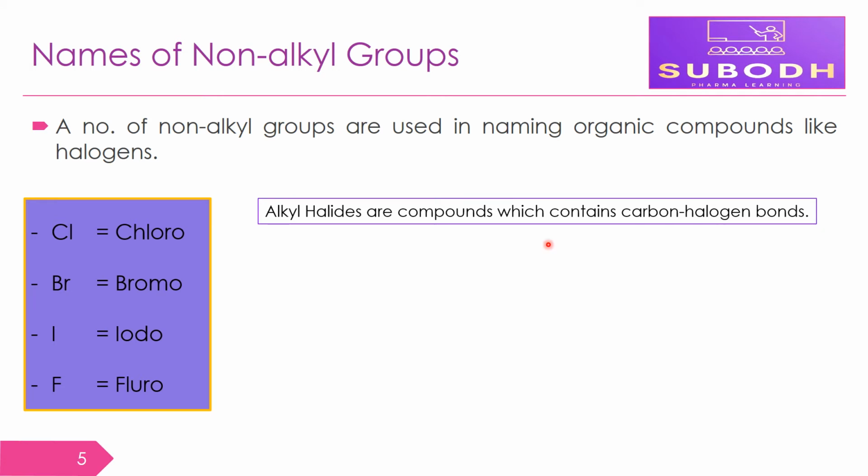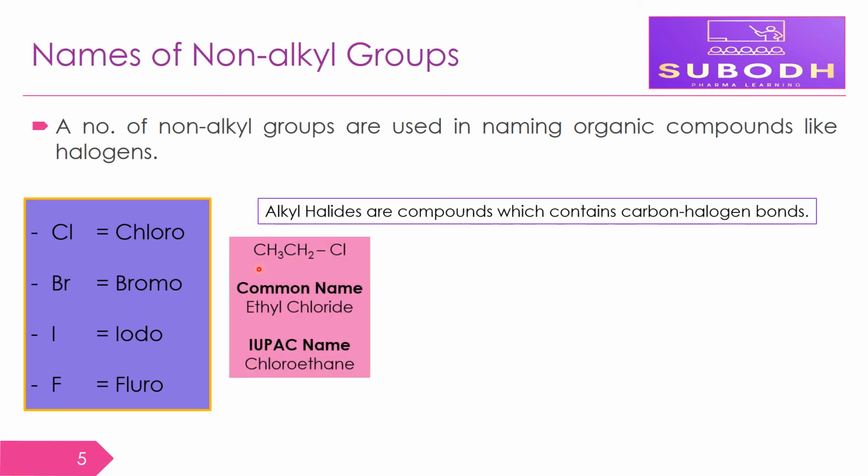See the example of ethyl chloride. In this, the ethyl group is attached to chlorine. In common system of nomenclature, it is called as ethyl chloride, and in IUPAC system of nomenclature, it is named as chloroethane.